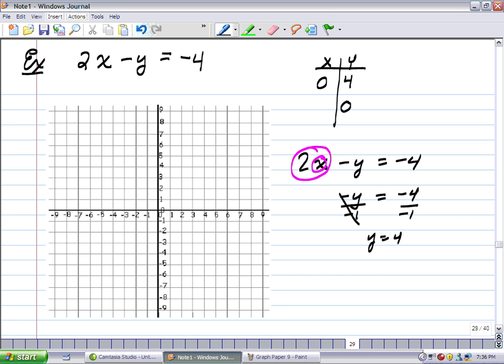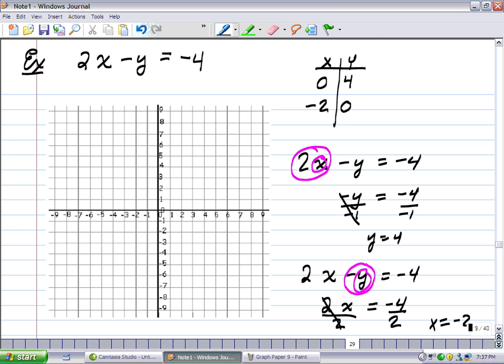Okay, now let's do the other one. 2x minus y equals -4. In this case, we're going to make the y 0, so that makes the minus y 0, leaving just 2x equals -4. Again, you could probably do that in your head. 2 times what equals -4? It's going to be -2. But if you can't, go ahead and divide both sides by 2 and end up with x equals -2.